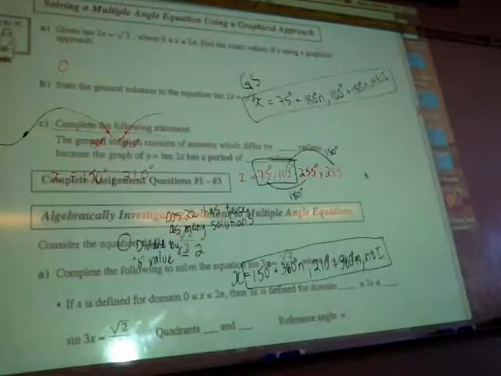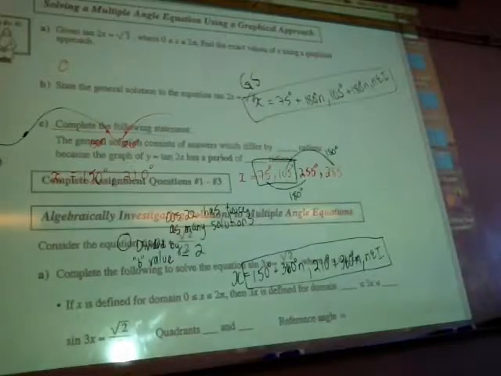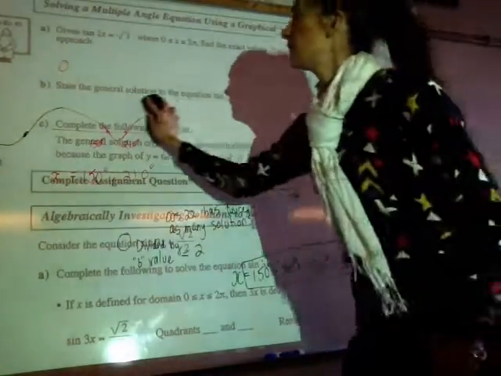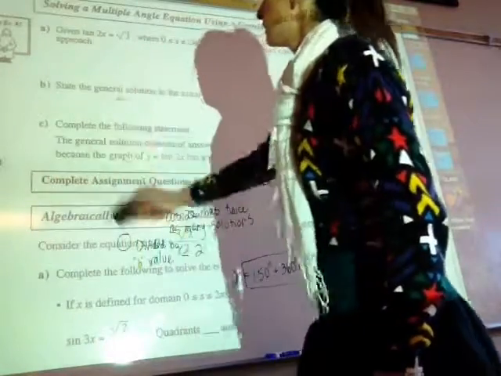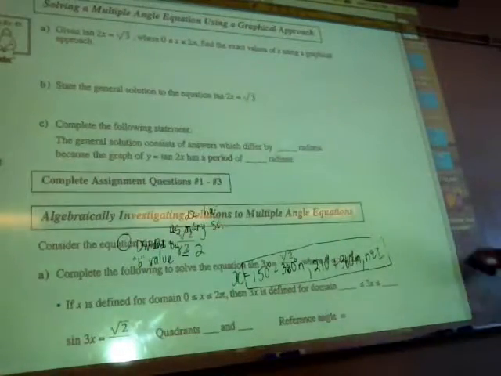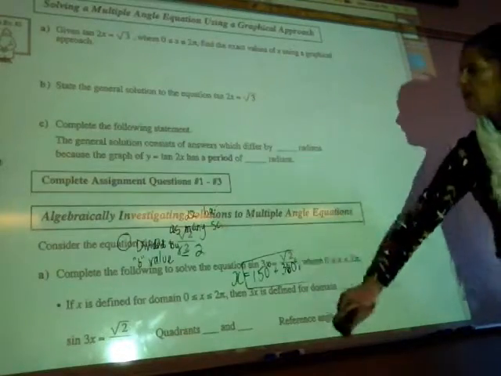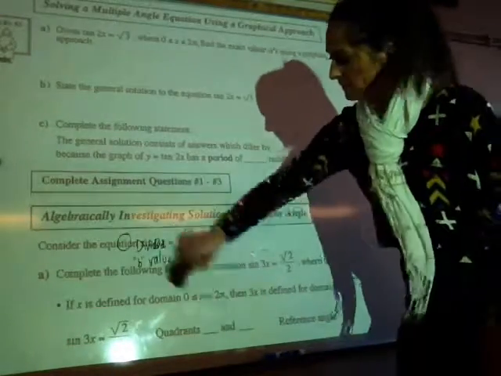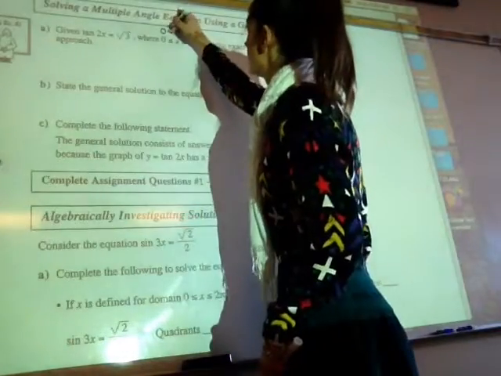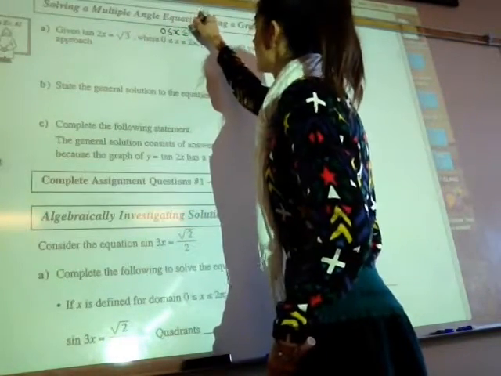So now let's explore tan. Using a graphical approach, we're going to do pretty much the same thing. If you guys can, let's just go in between 0 and 360 degrees.